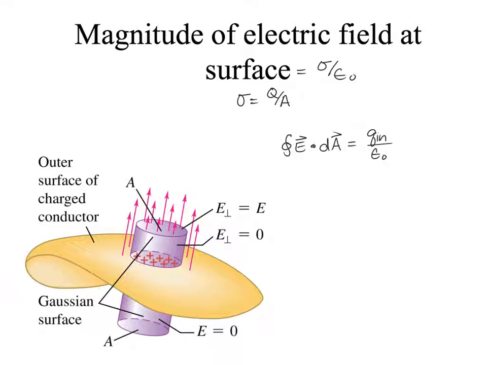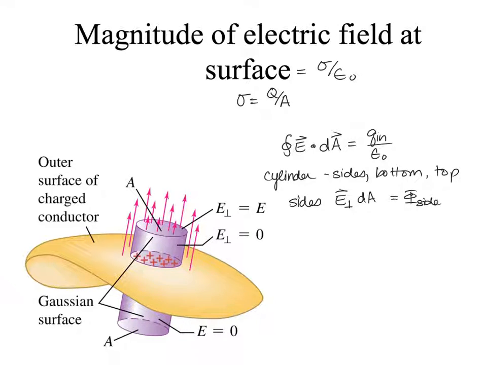And notice we have the electric field at the surface. It's perpendicular to the surface everywhere. And inside the conductor, the electric field is 0. So if we look at the cylinder, it has the sides, it has the bottom, and it has the top. At the sides, for the most part, the electric field is perpendicular to dA, so the flux from the sides is 0.